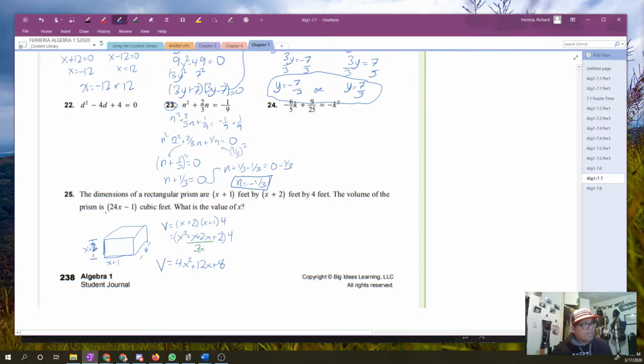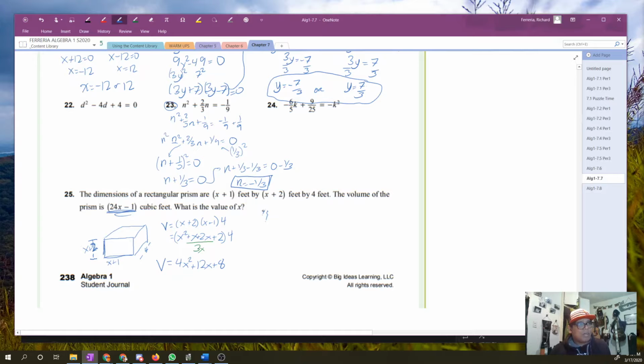Well, they also tell me that the volume is equal to 24x minus 1. So this is often what you're going to see in word problems. They're going to give you 2 ways of finding the same quantity, and then all you need to do is take those 2 things and make them equal to each other, because volume is volume is volume.